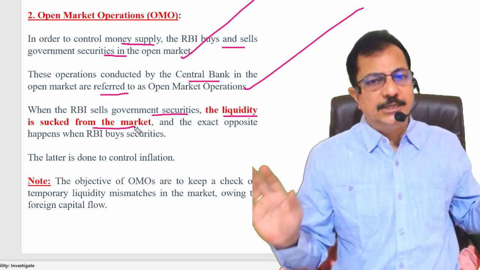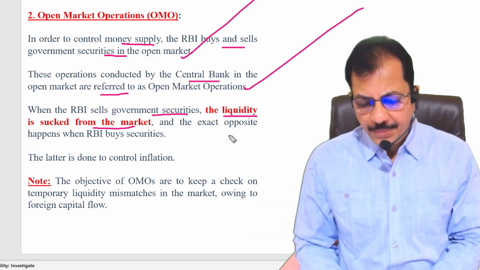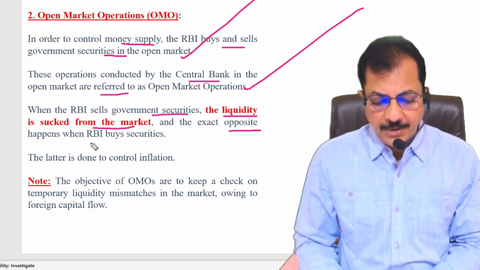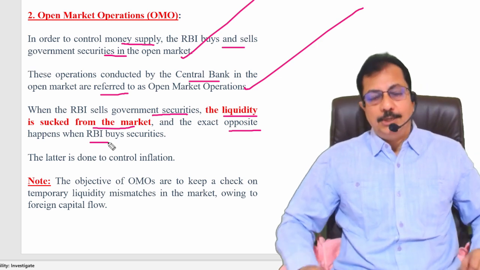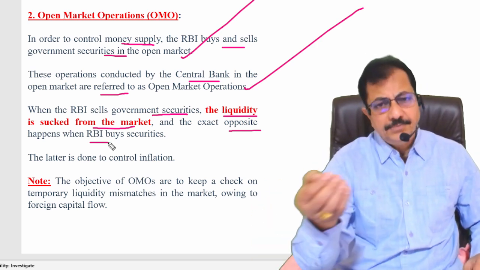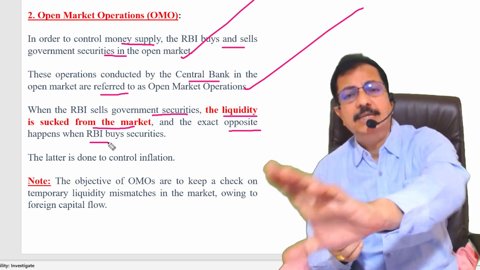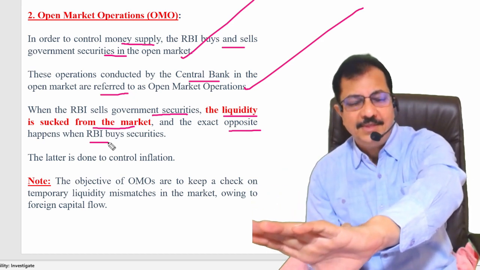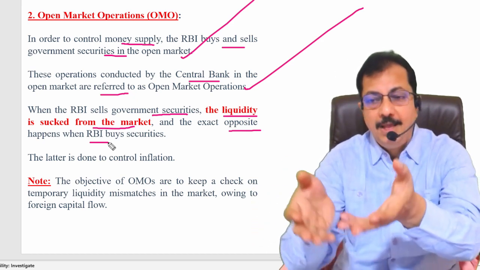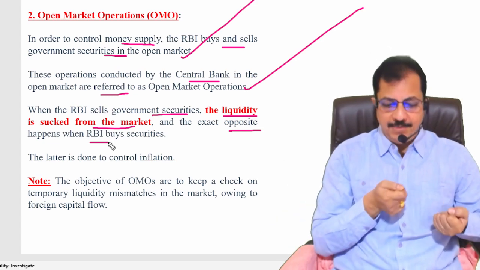I don't have to explain this. You can understand now. Exact opposite will happen when RBI buys the securities. When RBI is buying, RBI is releasing more money to the market. When RBI is selling, RBI is sucking the money from the market.